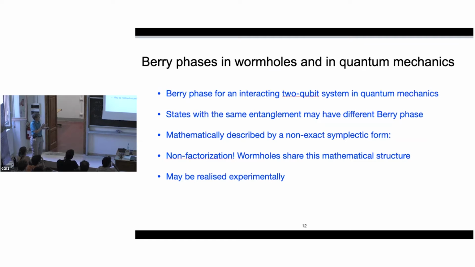That will be mathematically described by a non-exact symplectic form, which also very naturally leads to non-factorization, as I've just explained for the wormholes. Because we collaborated with condensed matter colleagues, one nice feature is that this behavior can actually be characterized experimentally. That's what we proposed in our paper.